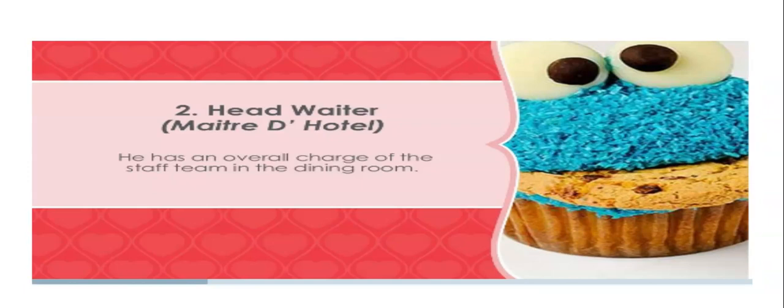So he has an overall charge of the staff team in the dining room. So next to the restaurant manager, the head waiter as well may act as the assistant of the RM, or the restaurant manager. So he or she is the one who will lead and train the staff.